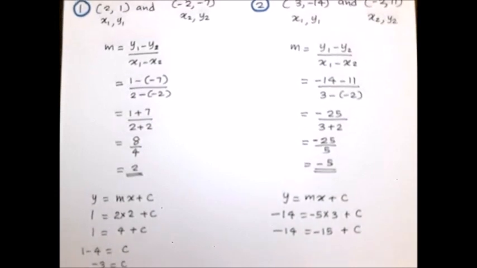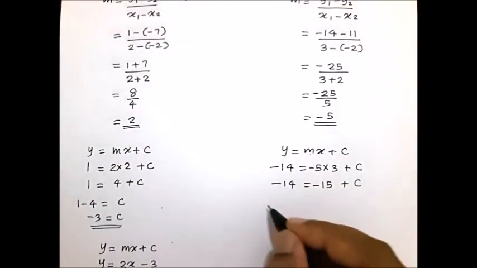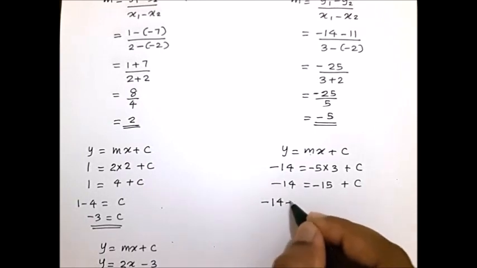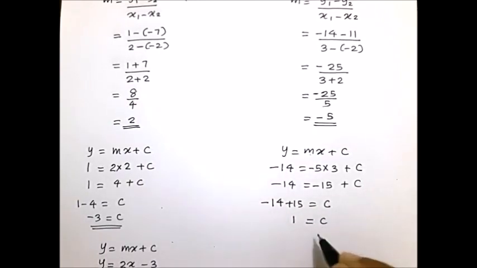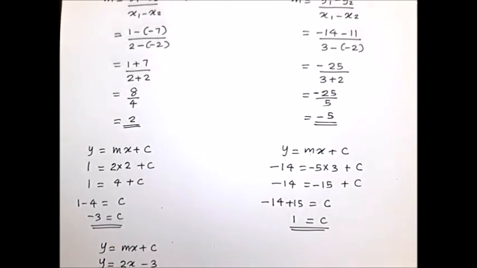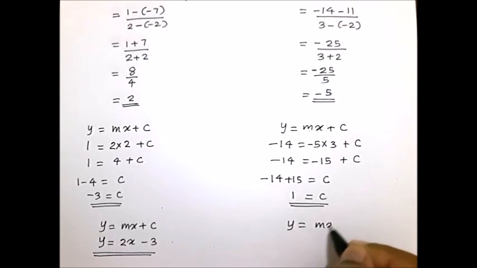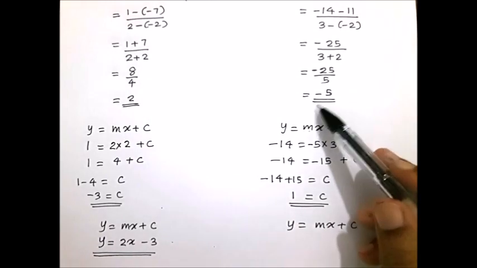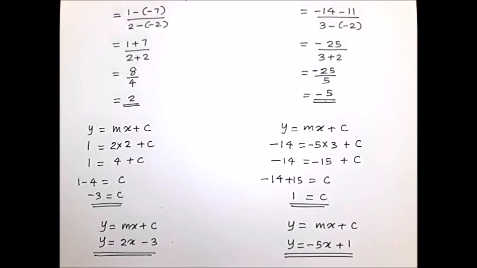Take minus 15 to the left side, it becomes plus 15. Minus 14 plus 15 is 1. c is equal to plus 1. Now substitute the values of m and c in this equation. m is minus 5, c is plus 1. y equals minus 5x plus 1. This is the equation of the straight line.